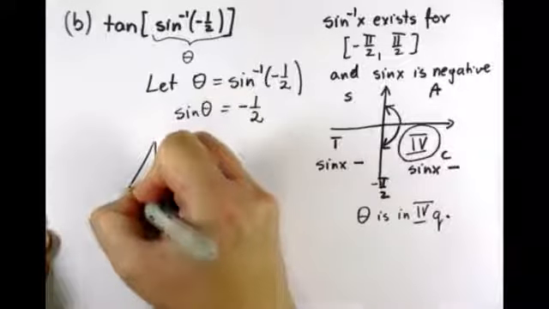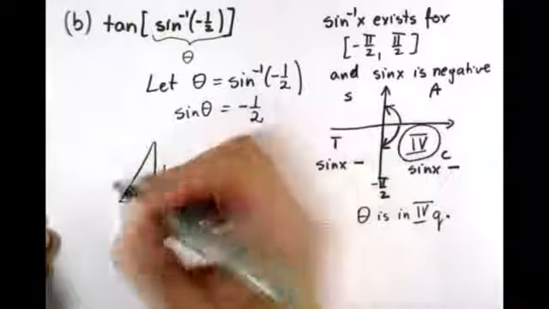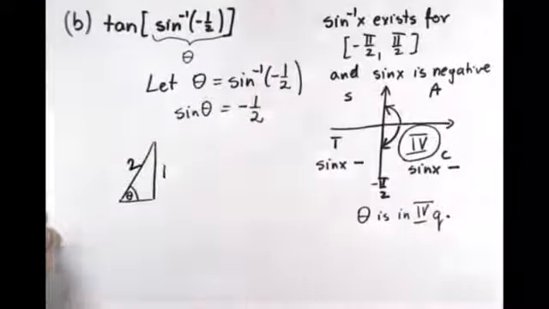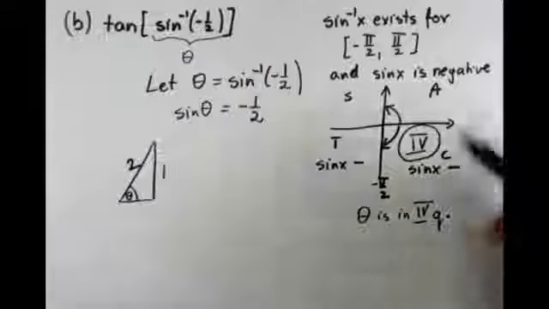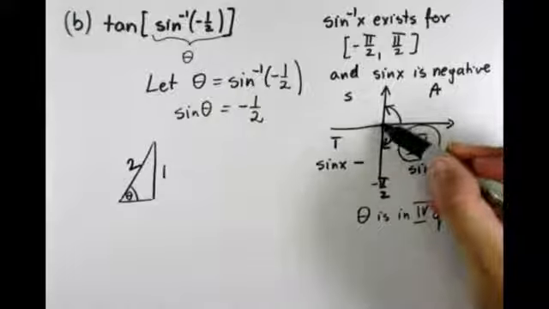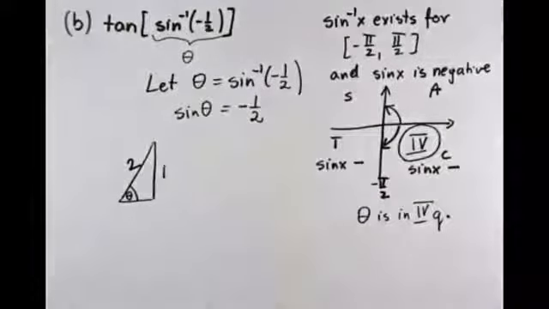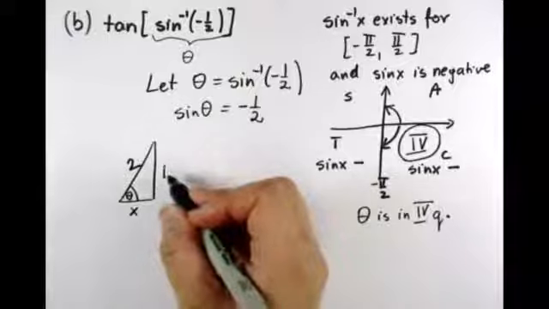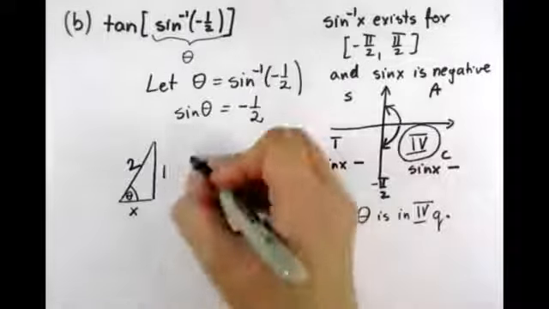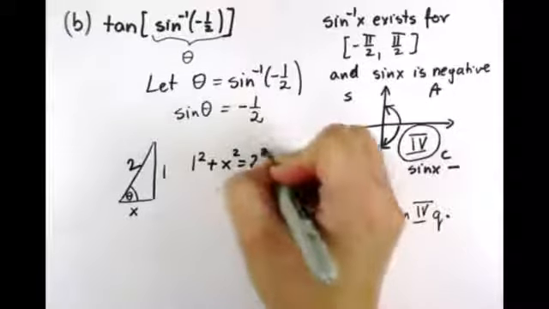We have theta. Sine is opposite over hypotenuse, so 1 over 2. Or if you want to go with the point, in the fourth quadrant it will be positive, and negative on the bottom, so the other value is negative. Now I need to find this value x, so I go with the Pythagorean theorem: 1 squared plus x squared is equal to 2 squared.